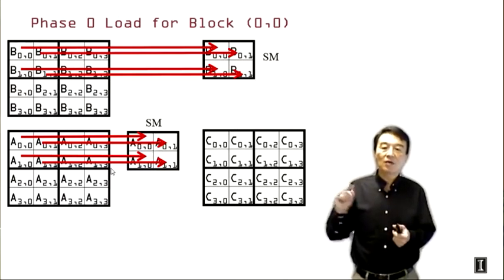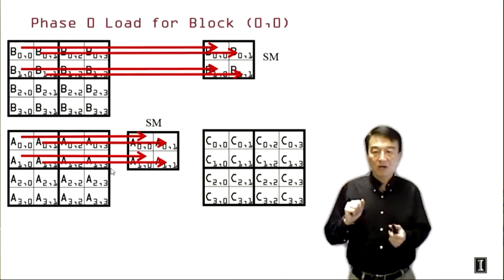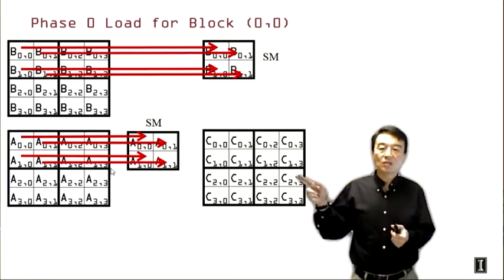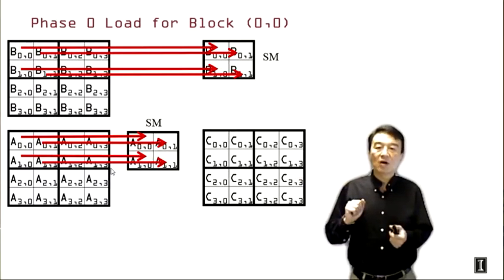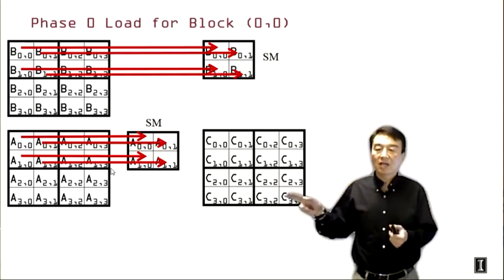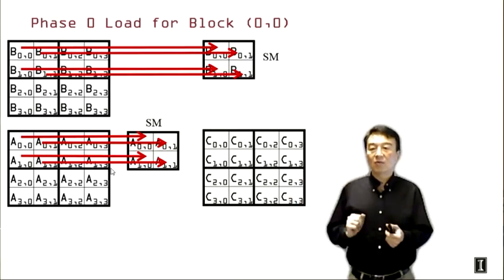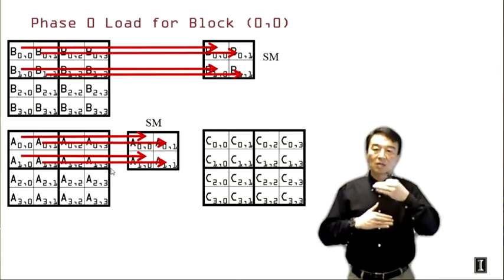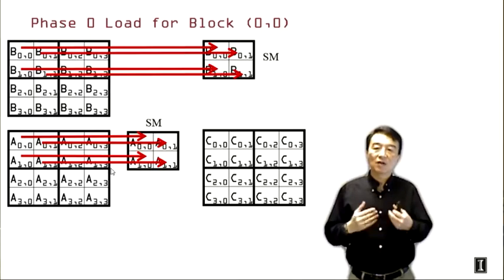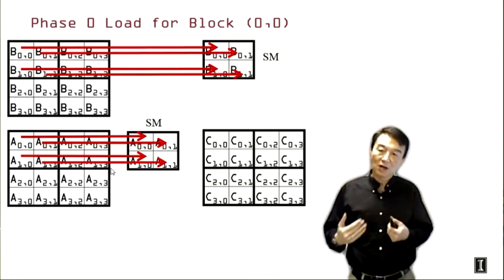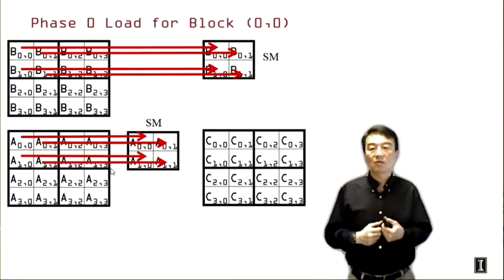And same thing with, let's say, thread 1, 1. Thread 1, 1 is going to be generating C element 1, 1. So during the loading process, we're also going to have that thread load A element 1, 1 and B element 1, 1. So this simple correspondence gives us a very systematic and simple way of coordinating the loading of elements into the shared memory.